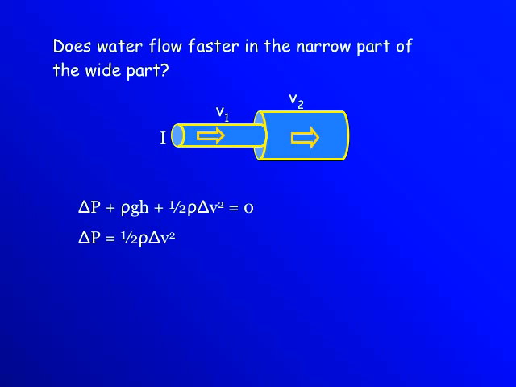Since tube 1 has the greater kinetic energy than tube 2, and there's a loss of kinetic energy from 1 to 2, the pressure must have increased from 1 to 2. So P1 is at less pressure because the water is going faster, and P2 is at greater pressure because the water slowed down. It's simply a transfer of energy densities.